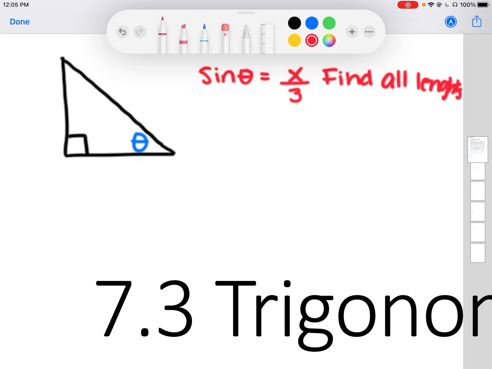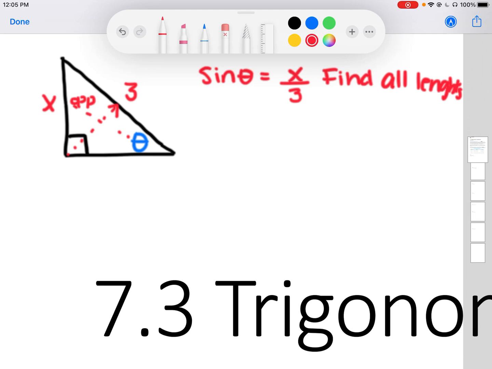Well, remember sine is opposite over hypotenuse. And our hypotenuse is always the side that's opposite the 90 degrees. So opposite over hypotenuse, I really put that wrong. Opposite would be x and hypotenuse would be 3.